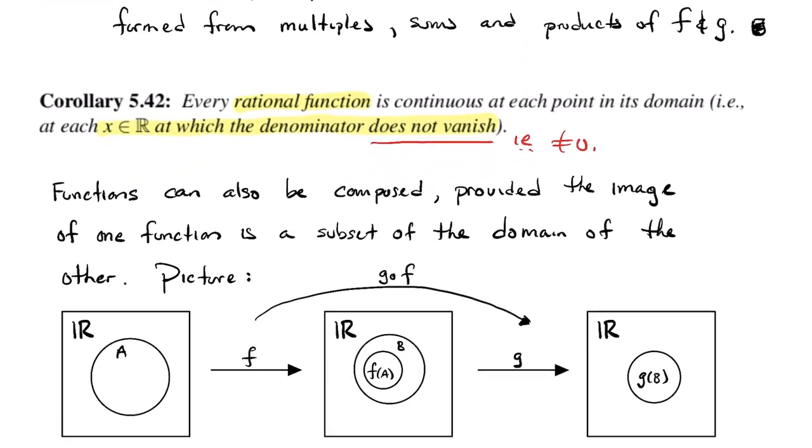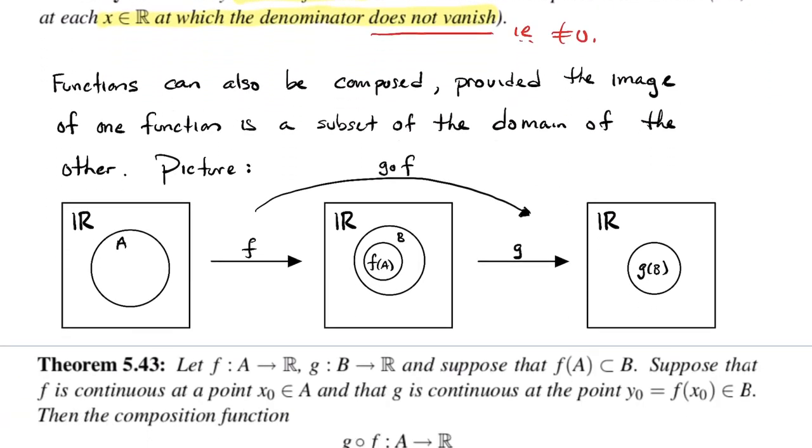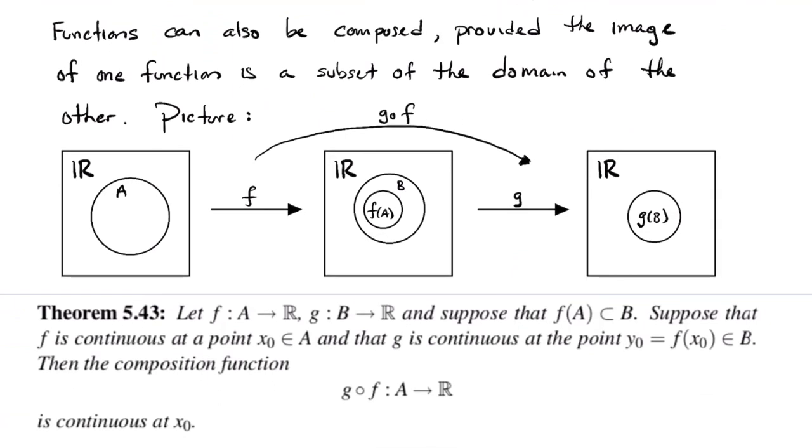Okay, the next thing I want to talk about is compositions. Functions, unlike numbers, in addition to being able to be added, subtracted, multiplied, divided, you can also compose them. You can plug one function into another. Well, you can't compose any old two functions. You can compose two functions provided the image of one of them is a subset of the domain of the other. I've drawn a little picture of what I mean by that.